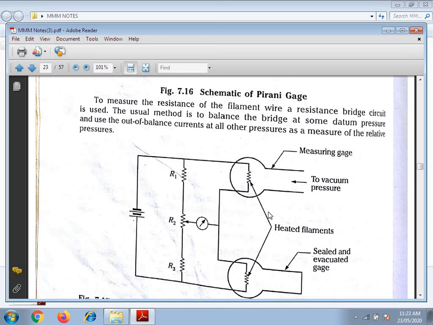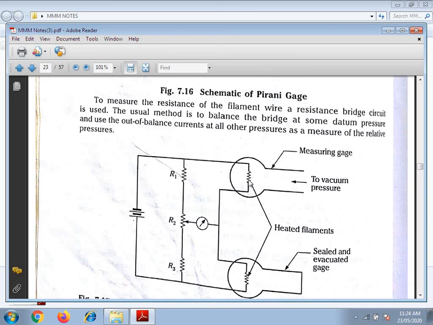So this much is sufficient for the Pirani gauge. One more thermal vacuum gauge will come. It works on the same principle as that of the Pirani gauge, but differs in the means of measuring the filament temperature. In this gauge, the temperature difference is measured directly by means of thermocouples welded directly to the gauge.